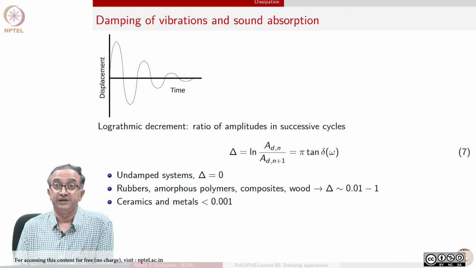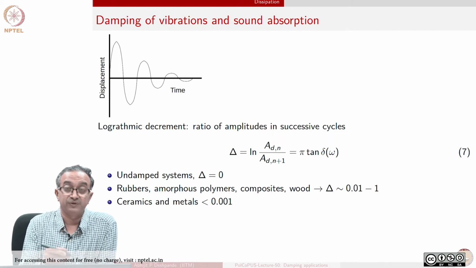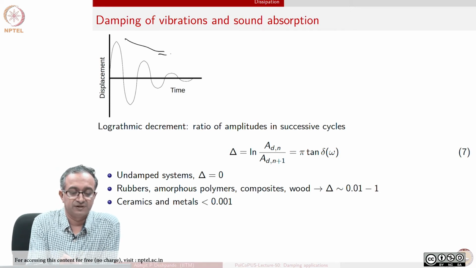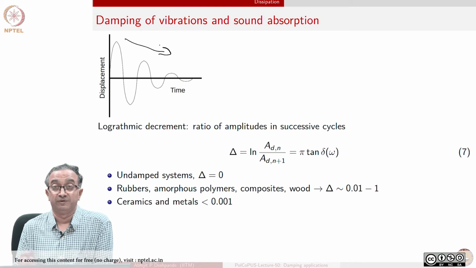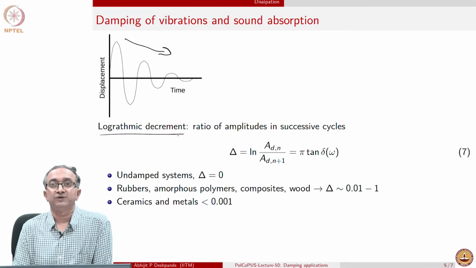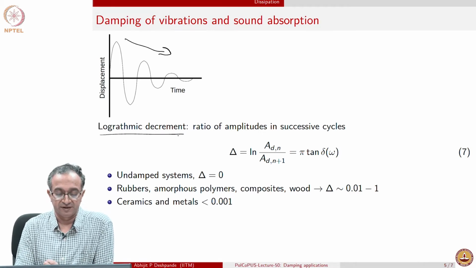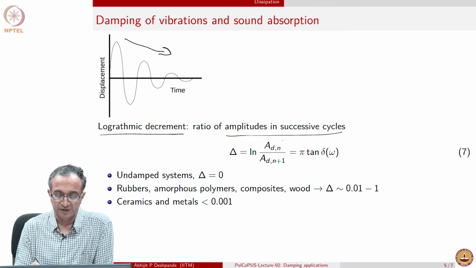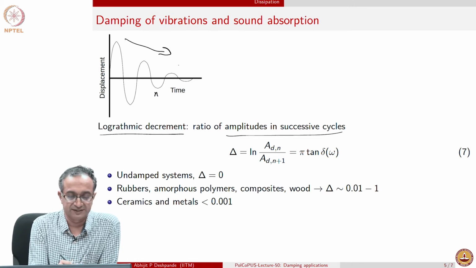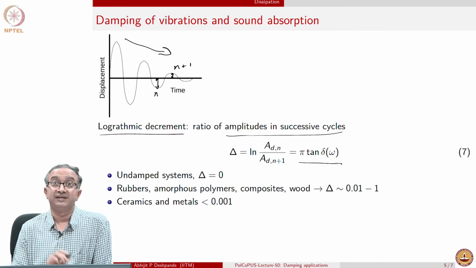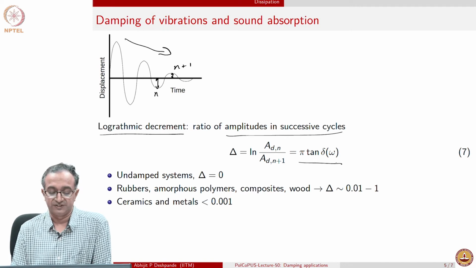And so, the idea here is how this displacement varies as a function of time, and for a damping material of course this displacement has to go down with time, and that can be measured by estimating the logarithmic decrement. This is basically a ratio of amplitudes in successive cycles. So, the amplitude in the nth cycle, and this is n plus 1, then we take the ratio of these amplitudes, and it can be shown that that is directly related to the tan delta that we discussed just now.